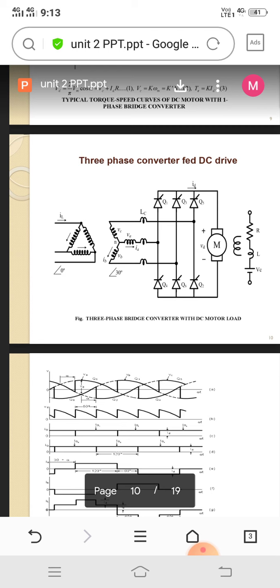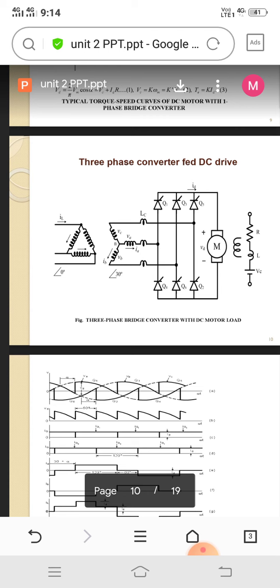The switching sequences are 1, 2, 3; 2, 3, 4. 1, 2, 3 is the first switching sequence, 2, 3, 4 the second, 3, 4, 5 the third, 4, 5, 6 the fourth, and 5, 6, 1. Again we continue with 6 after 1. This is a cyclic process of switching sequences.